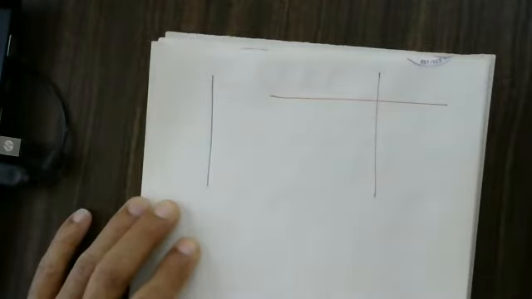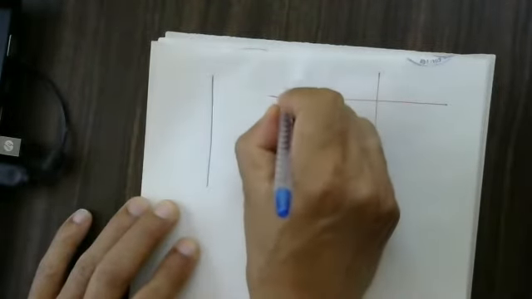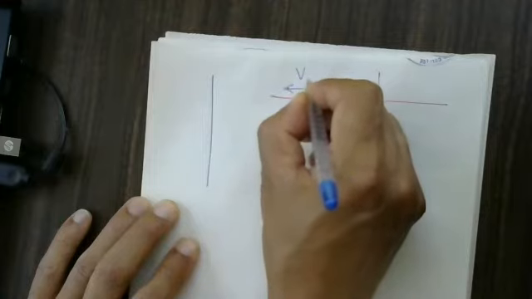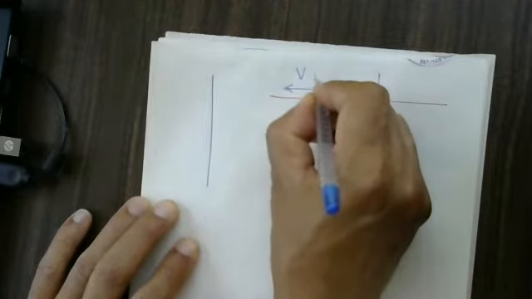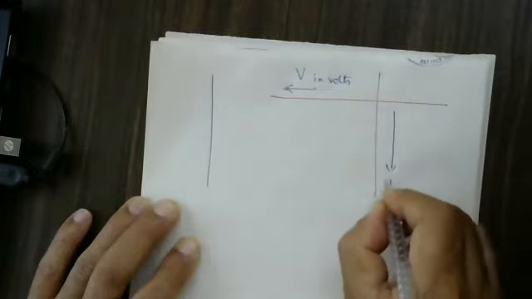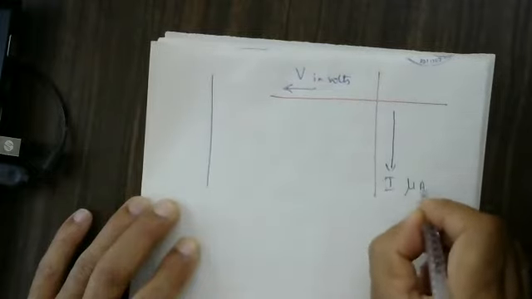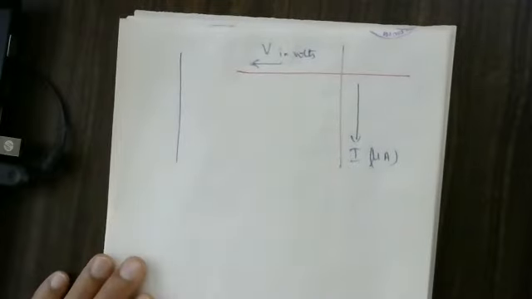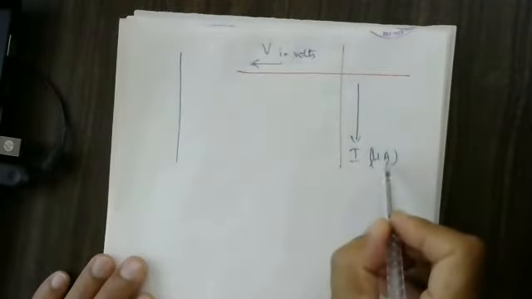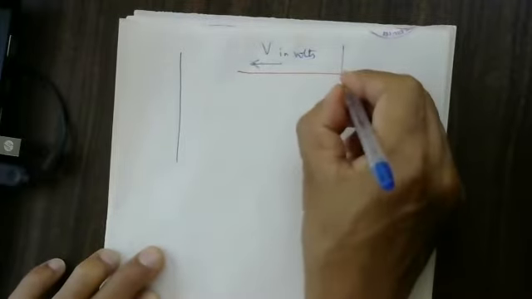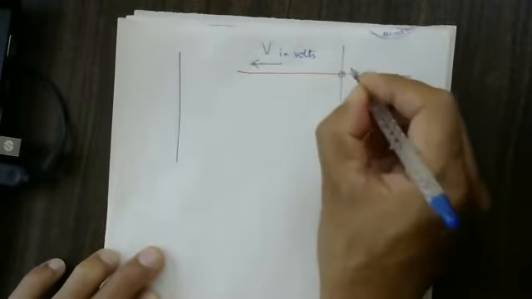Like this. This is your voltage. Because we are applying negative voltage, don't forget. This is V in terms of volts. This is current in terms of microamperes. Like this we are supposed to draw. I told you already, for 0 volts you will get 0.